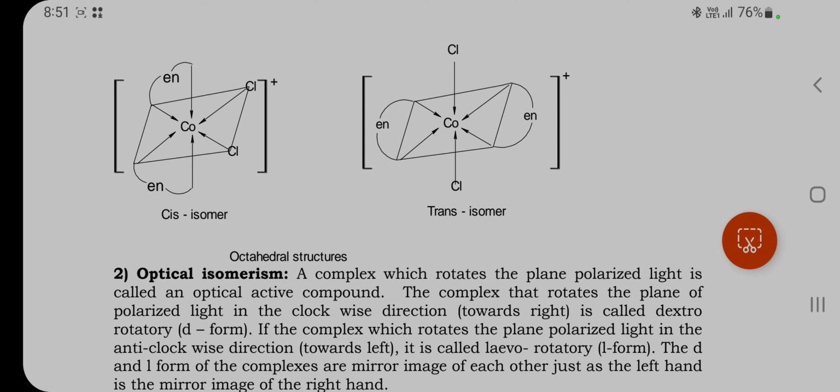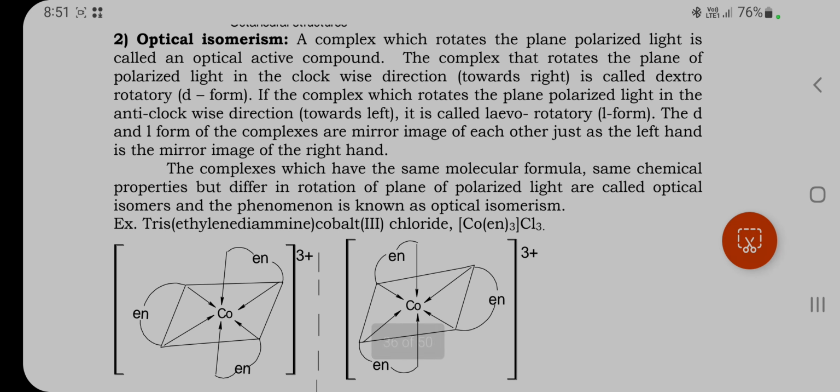So let us move on to one more type of isomerism, that is optical isomerism. The ability of the complex to rotate the plane polarized light is called an optically active compound.